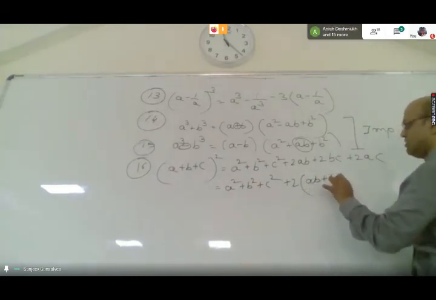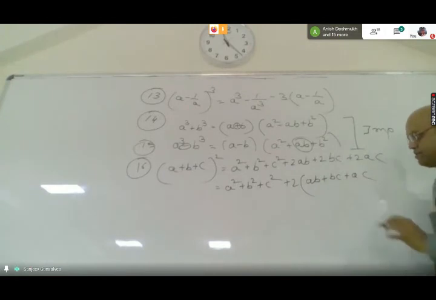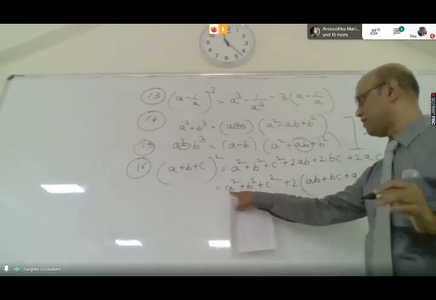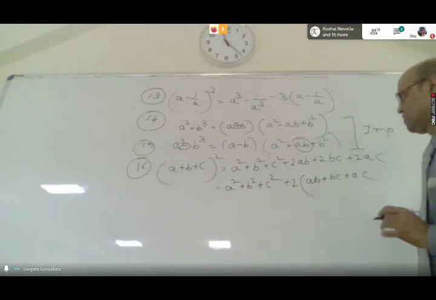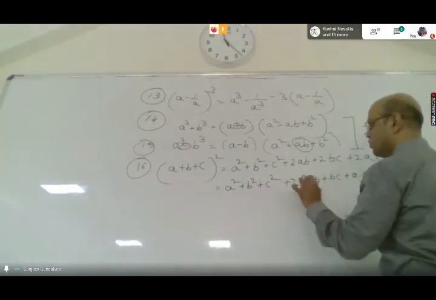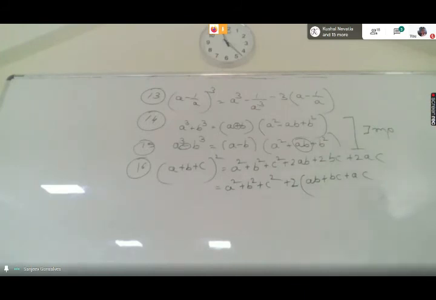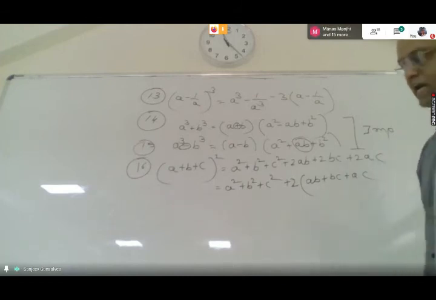Plus AC. Very good. Excellent. So sir, I could also do this: A square plus B square plus C square plus 2 common, inside the bracket AB plus BC plus AC. These you can write in terms of first term, second term and third term.